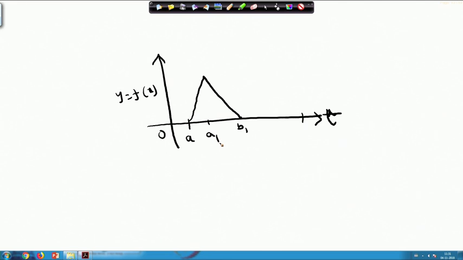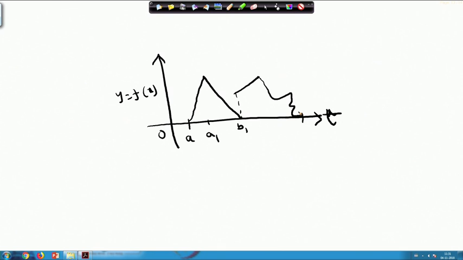From this point, again it has something like this, then again from here it comes something like this way, and it reaches here.